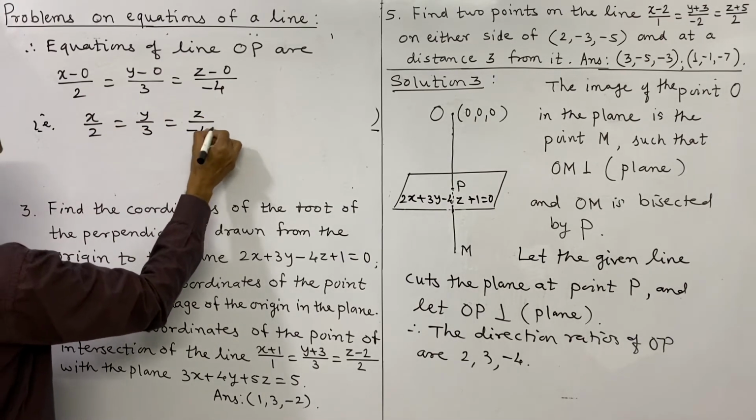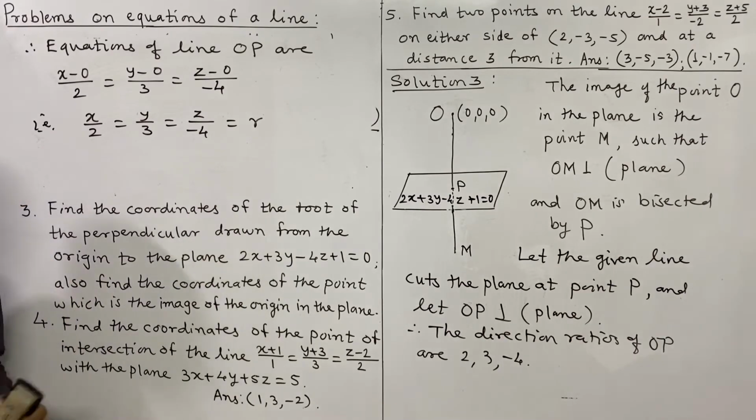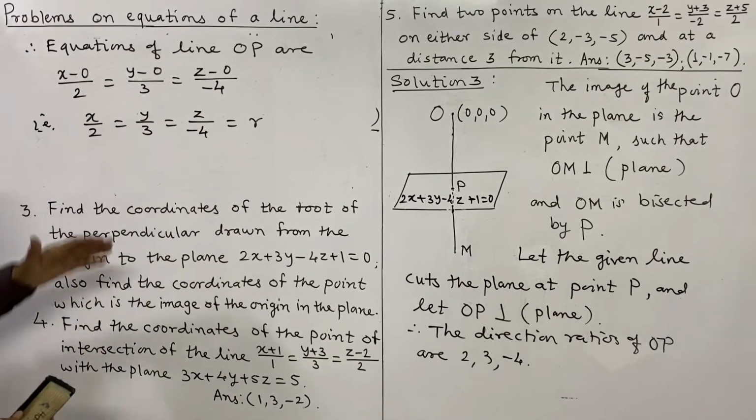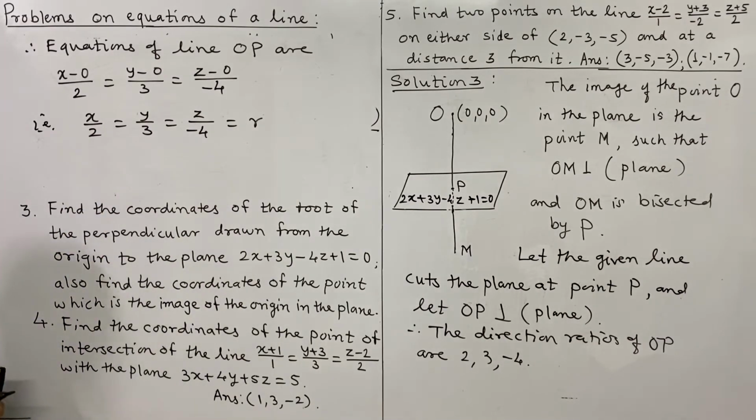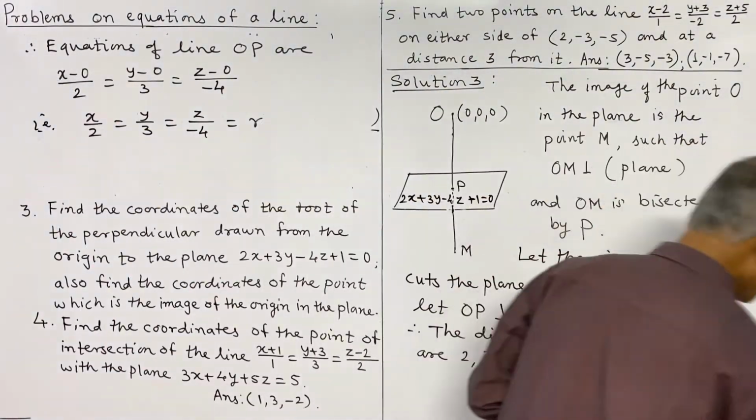We will suppose this is equal to r, and therefore a point can be written on this line.